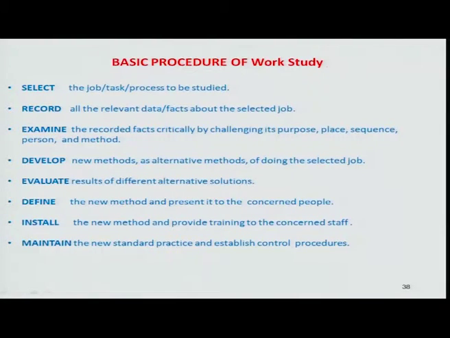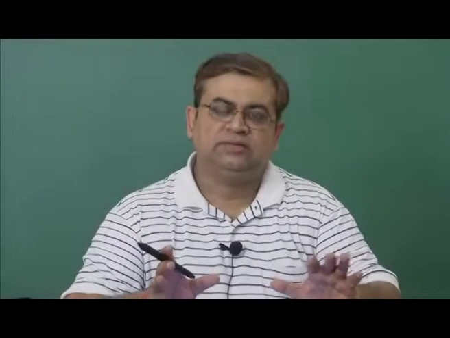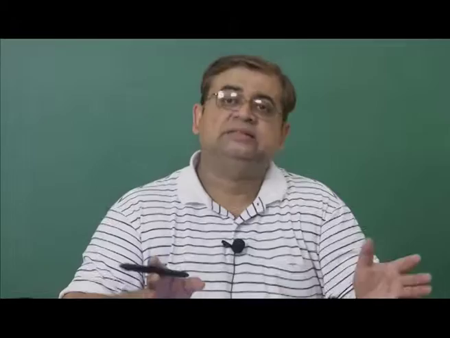So, basically it is a step by step procedure which says that first you have to select the particular job or task or process that you need to study. You have to remember that any big activity related to manufacturing or maybe let us say a unit which caters to a product or a service is associated with several such jobs or tasks.